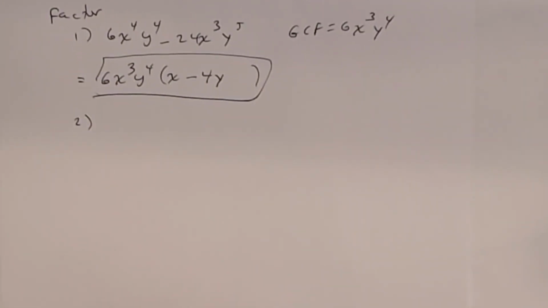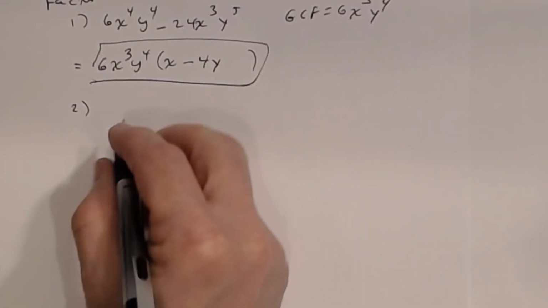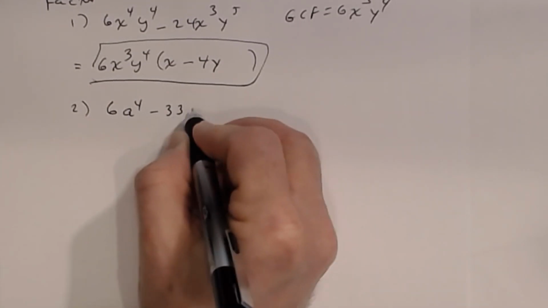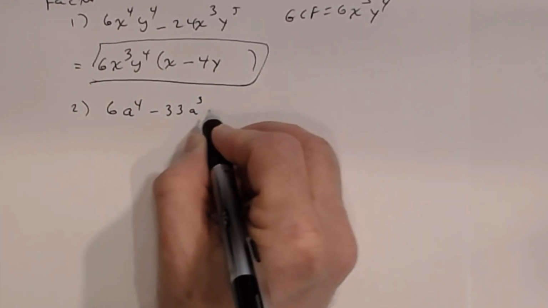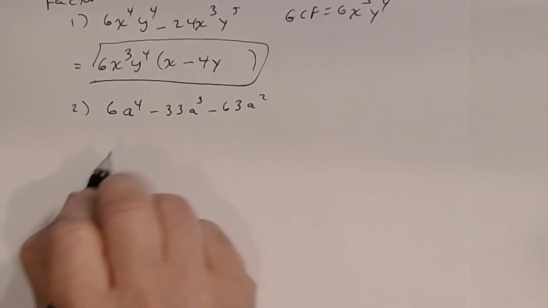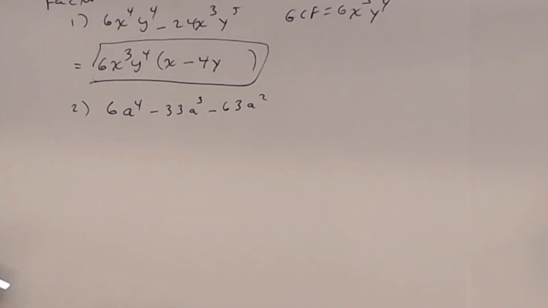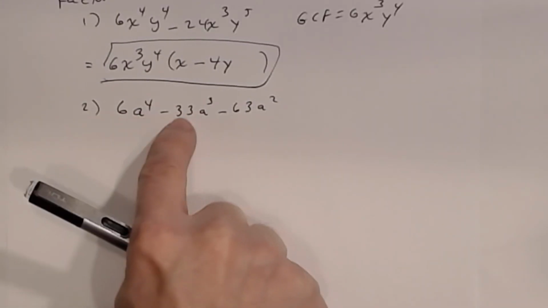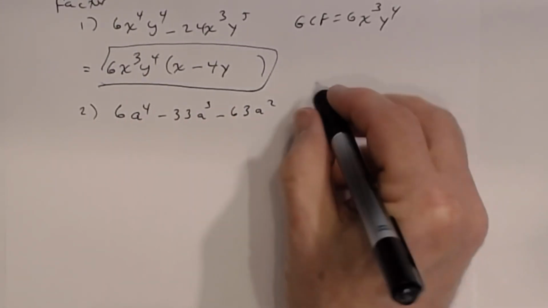All right, let's go to number 2. Number 2, let's suppose we had this in number 2. We had 6a to the fourth minus 33a cubed minus 63a squared. All right, so first thing you got to do, remember, is look for the GCF. So the GCF of 6, 33, and 63 is 3.